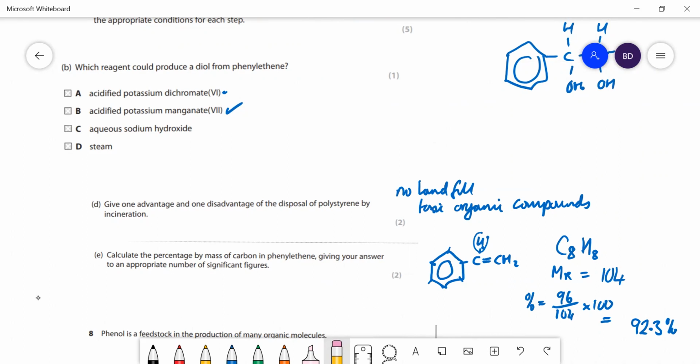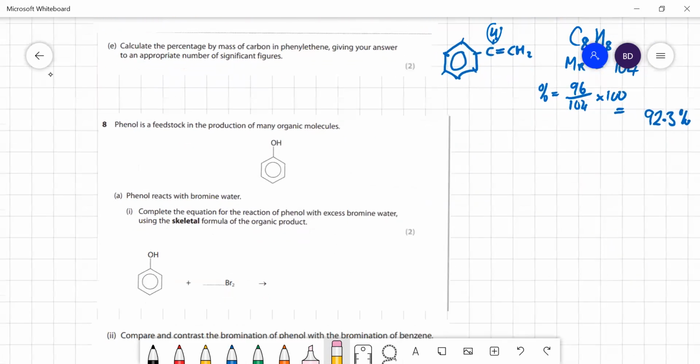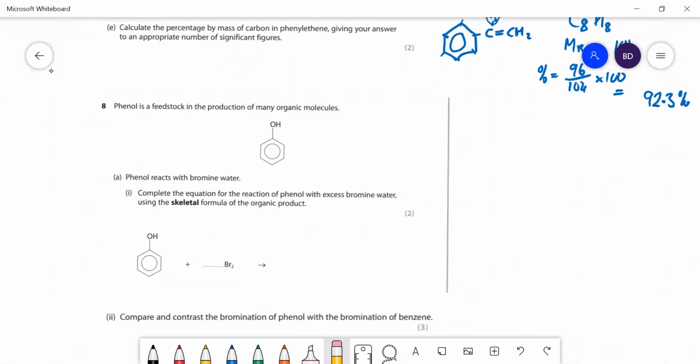Phenol is a feedstock in the production of many organic molecules. Okay, phenol reacts with bromine water. Complete the equation for the reaction of phenol with excess bromine water using the skeletal formula of the organic product. Well, you've got to know this really: bromine is going to add at these positions, at position 2, 4 and 6.